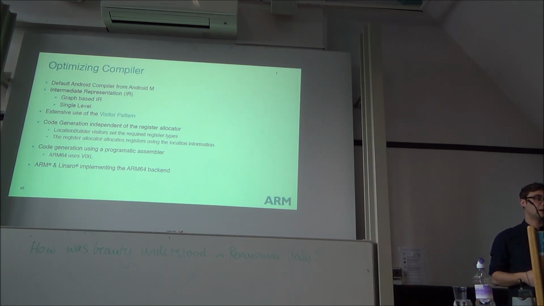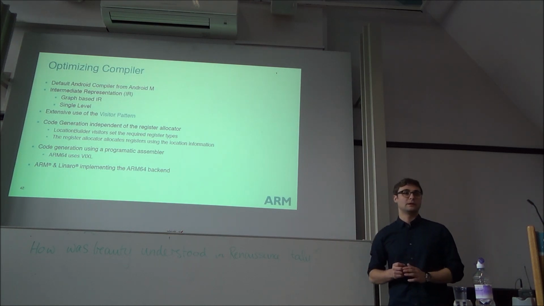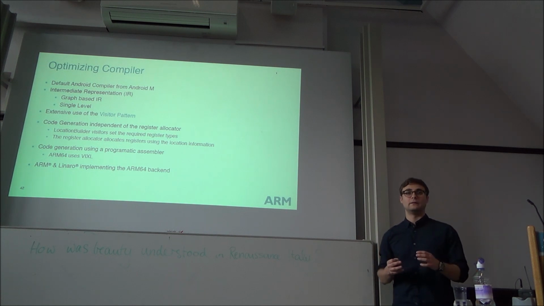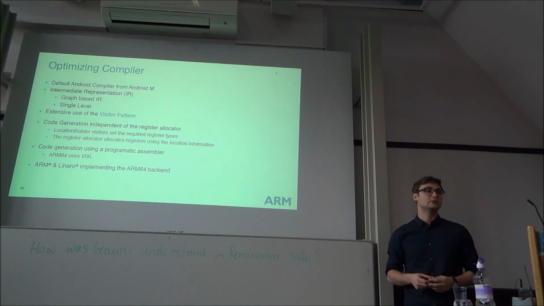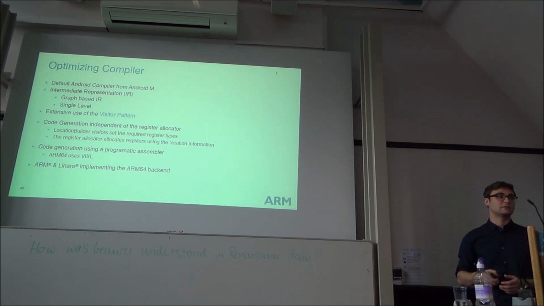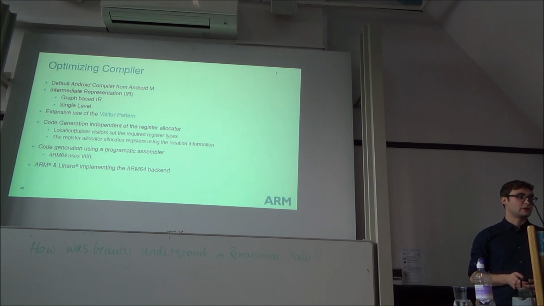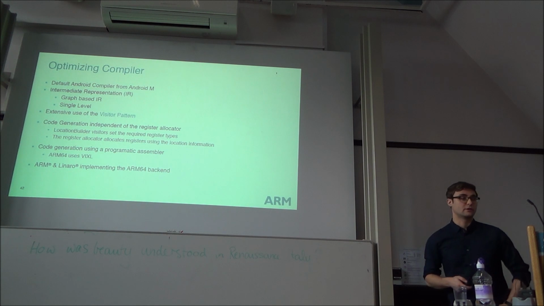It has a register allocator which is independent of code generation. That's a key attribute because in general the register allocator is quite tied into how the compiler works and it's not too flexible. Whereas in the case of the optimizing compiler, you could slot in another register allocator. And for ARM64 we use VIXL for code generation.